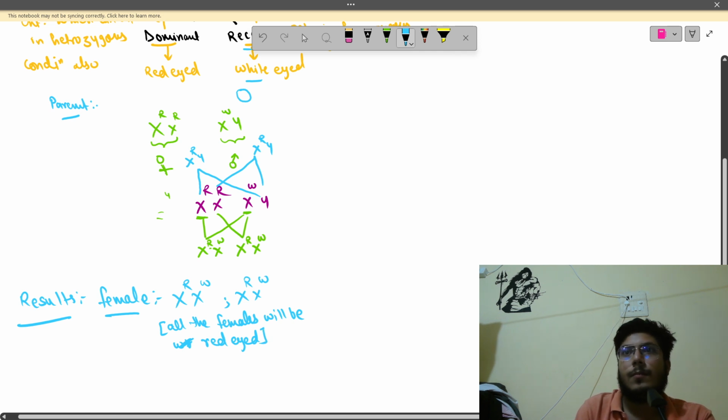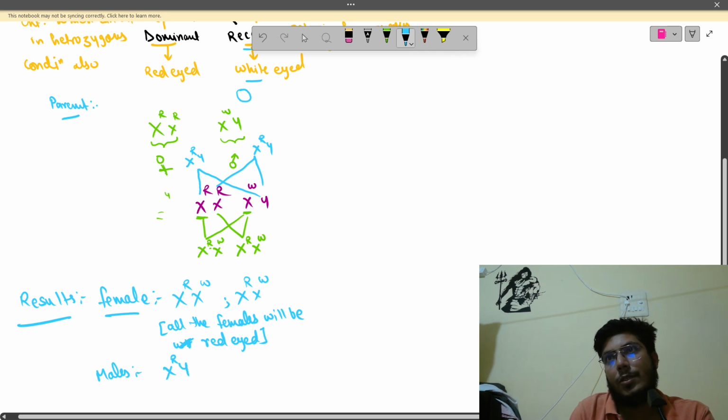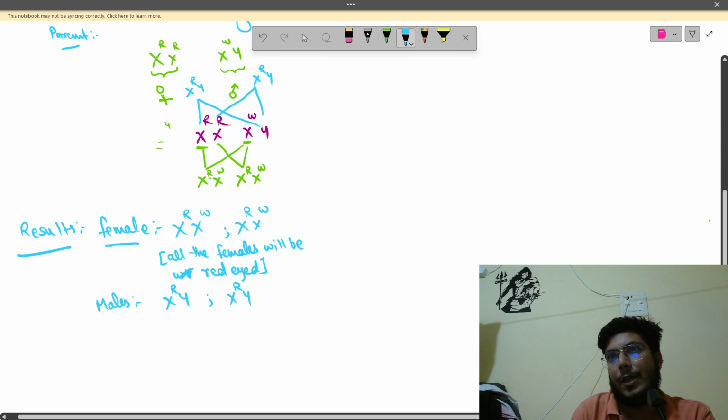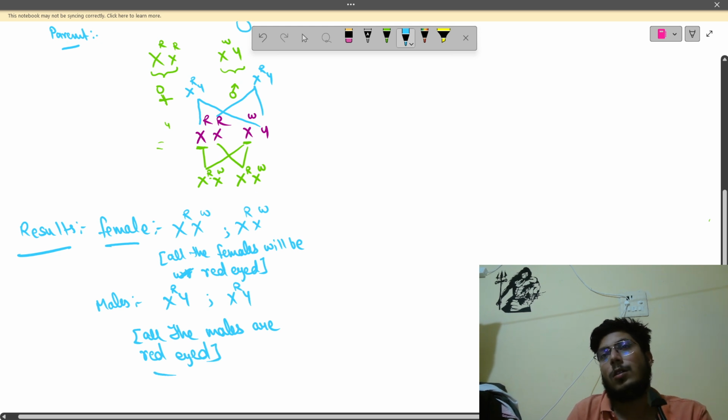Okay. And for the males, the genotype is this. So in this condition, when we reciprocated the phenotypes, all the males are white-eyed, which is different from the first result of the question.